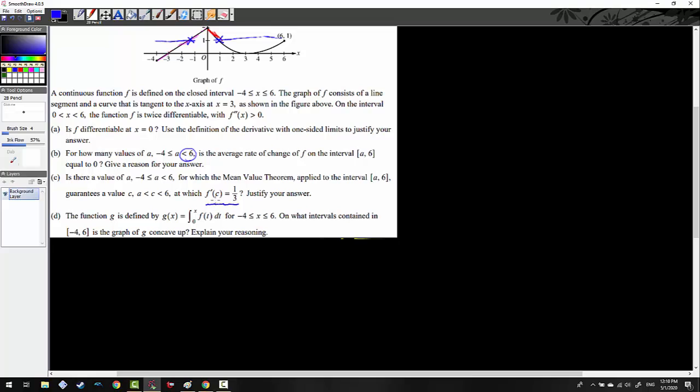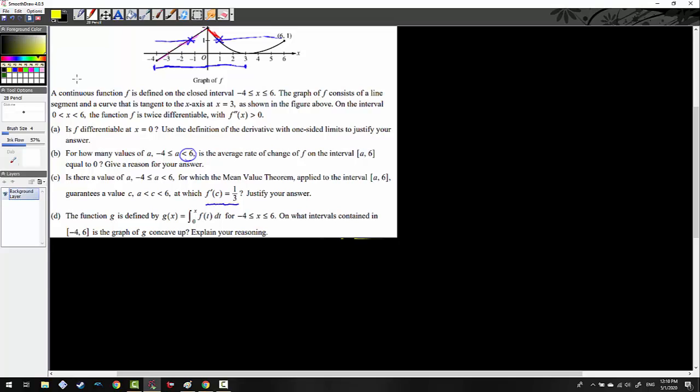Well, I'm looking at the graph right now. I can already see a very large region of the graph where the MVT would not apply, and that would be from -4 all the way to 3. Let's talk about why.